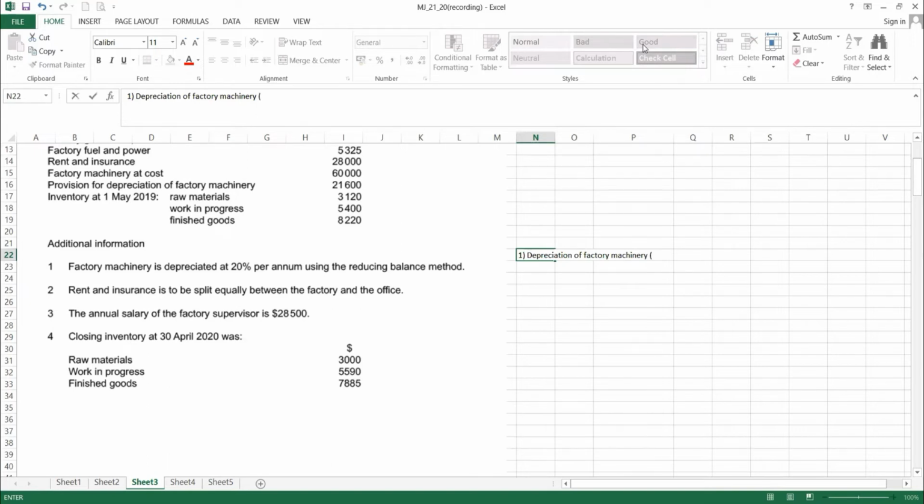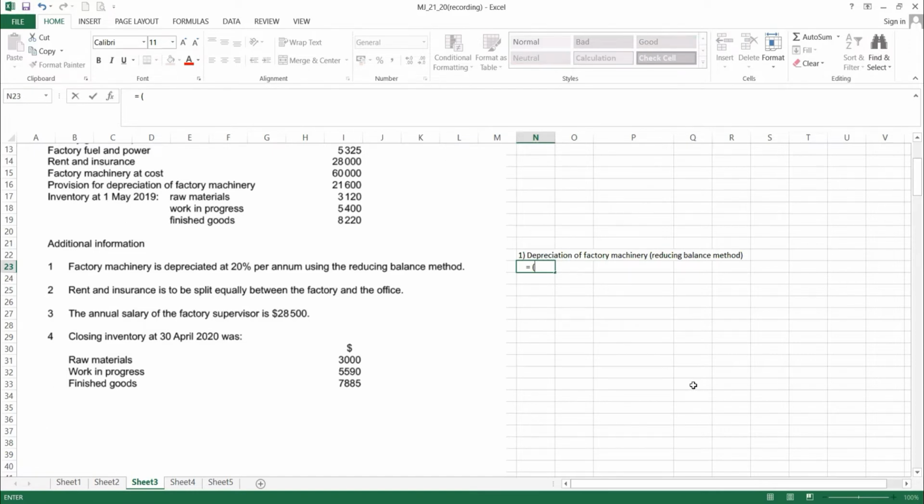They have given us the reducing balance method. Think about the formula first, don't think about the calculation. In the exam, you don't need to write the formula. Just for class purposes, I show the formula.